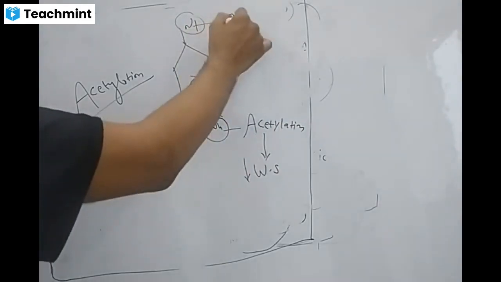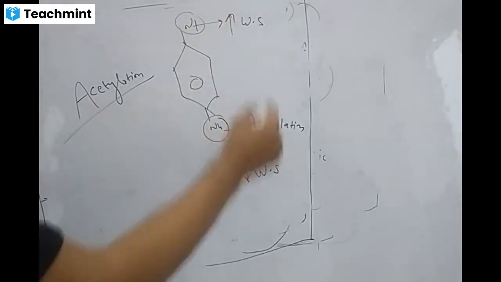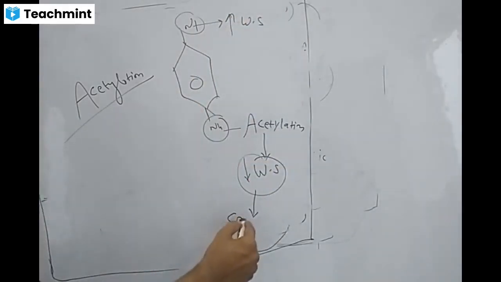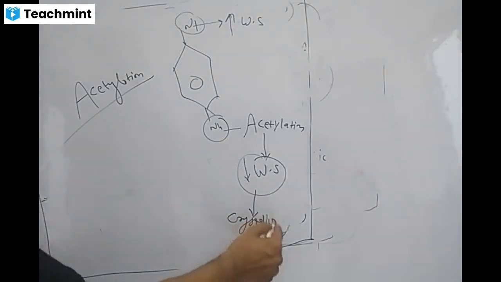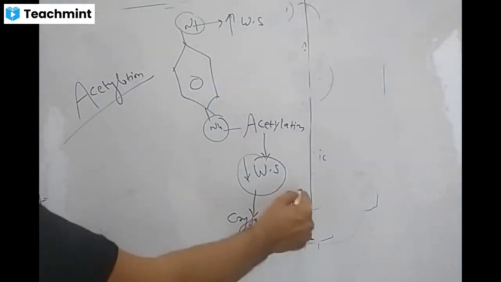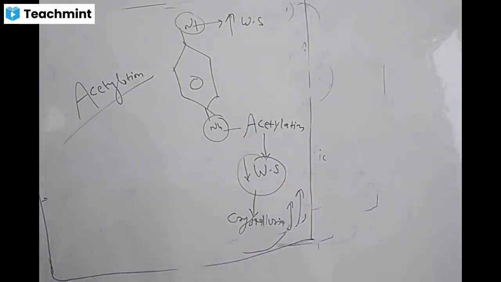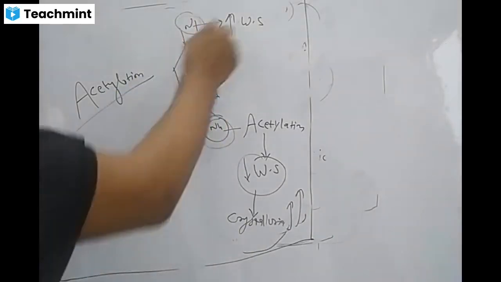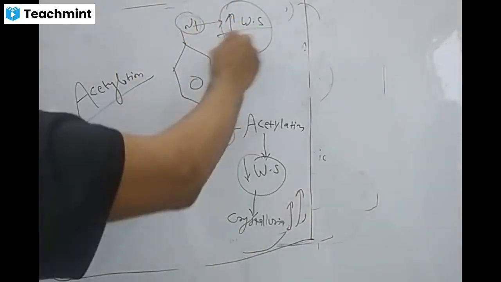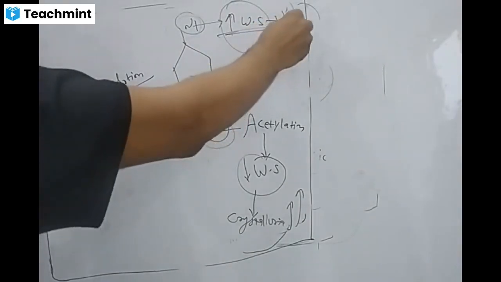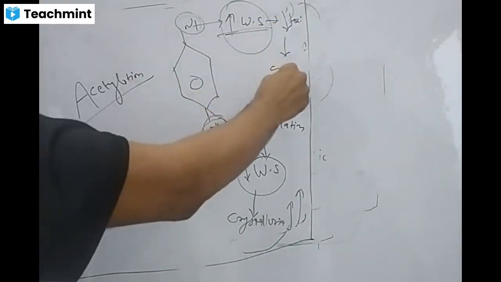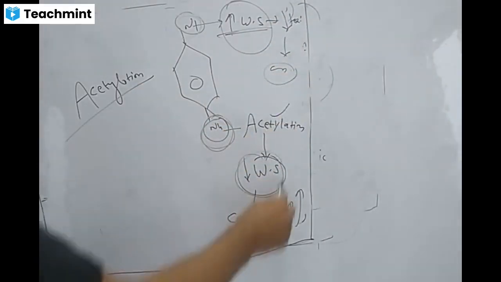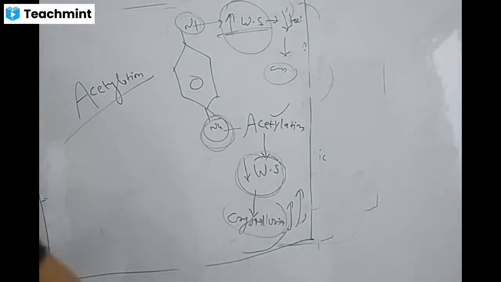At N1, increased water solubility. So if we decrease the water solubility, chances of crystalluria will be more. So nitrogen 1 and 4 are related with the acetylation mechanism. One increases the solubility, less toxicity, and less chance of crystalluria. But N4 acetylation means less water soluble, and the chance of crystalluria will be higher.